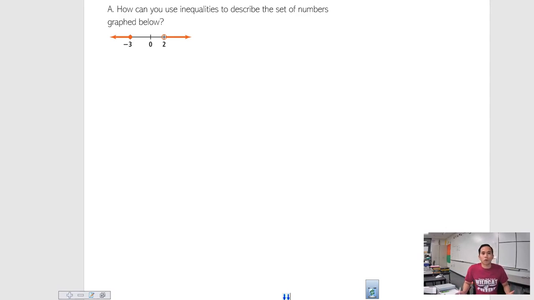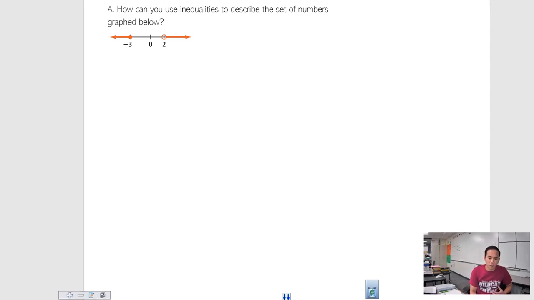The graph shows the solution of two inequalities. The two inequalities form a compound inequality. Again, a compound inequality is made up of two or more inequalities. We have to write an inequality to represent the solution shown in each part of the graph.